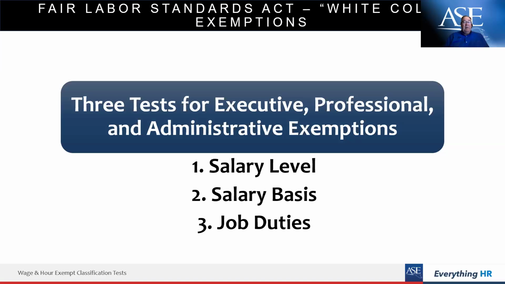But in terms of what's going on right now and what we have to comply with as employers, they have to meet the salary level test, be paid on a salary basis. And then a lot of people say, well, I pay a salary, that's okay. No, it's not. They've got to also meet the job duties test as an executive, professional, or administrative employee.